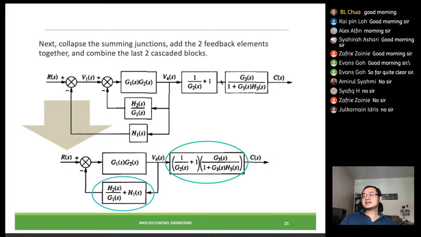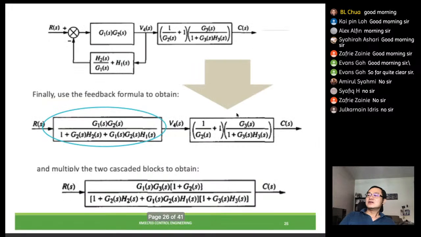Here is a series, and for series we just multiply them together, right? So this is a familiar form of a feedback control system, right? Again, we can later on transform this into the simplified form of G1 G2 divided by 1, here is minus, so plus G1 G2 multiplied by these transfer functions.